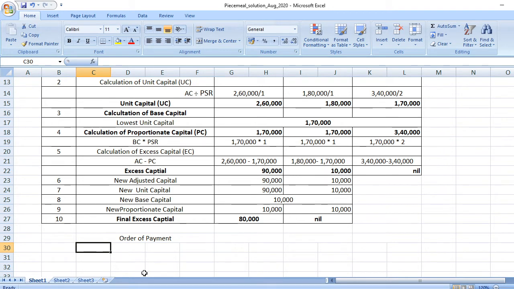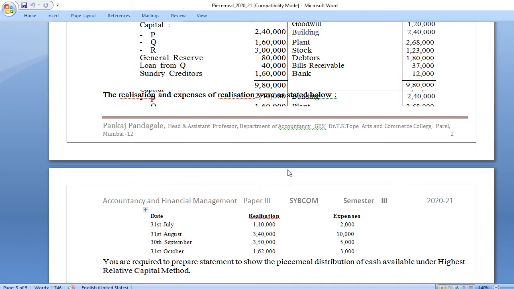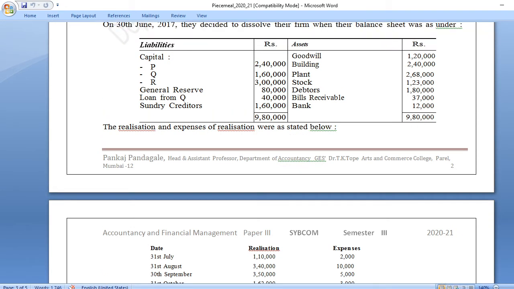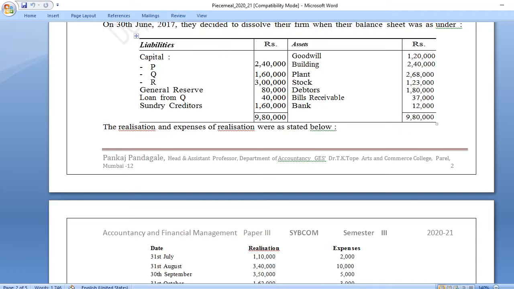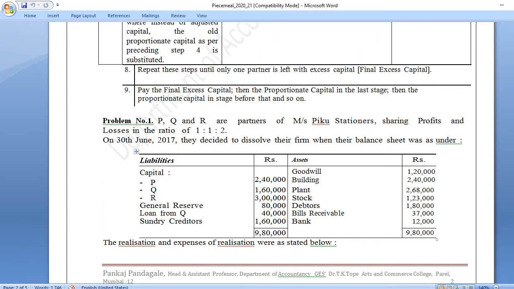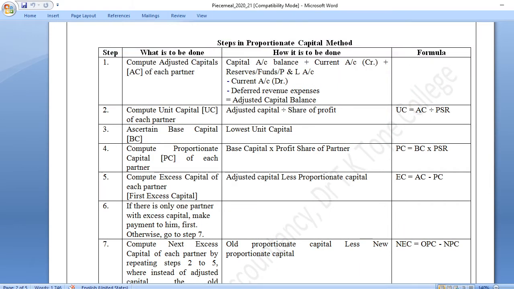Now if you see our problem, what kinds of liabilities are there? On the liability side we have sundry creditors 1,60,000 and loan from Q 40,000. These two liabilities are there. I already discussed the order of payment in previous lectures.